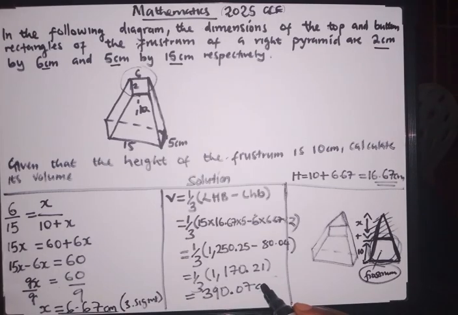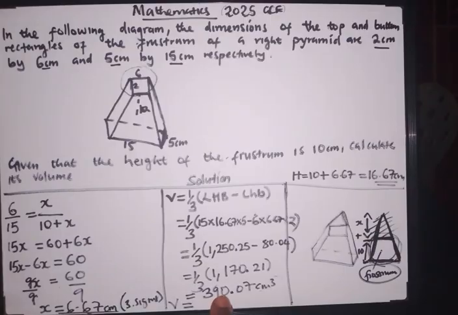7 cubic centimeters. But remember, I told you that answers in paper 2 should be left to 3 significant figures. And this answer has how many? 1, 2, 3, 4, 5. It has 5 significant figures. So how can you convert it to 3 significant figures? You count 1, 2, 3. Then you look at the next number. Is the next number greater than 5 or less than 5?